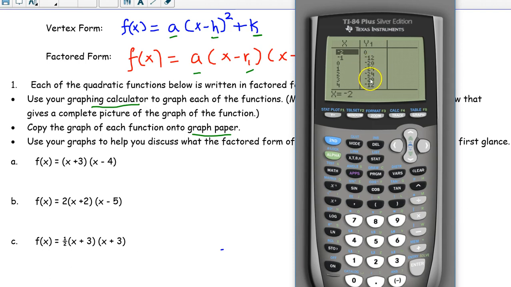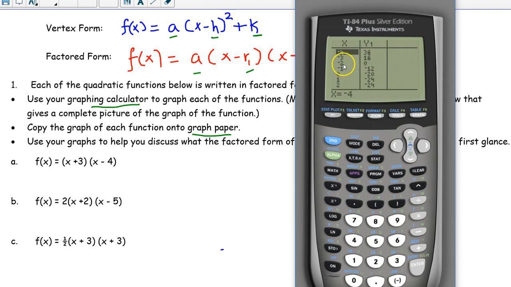So I'll go to the window and take y minimum around negative 30, and the maximum value for y, I'll just take 10. 16 is also too high.